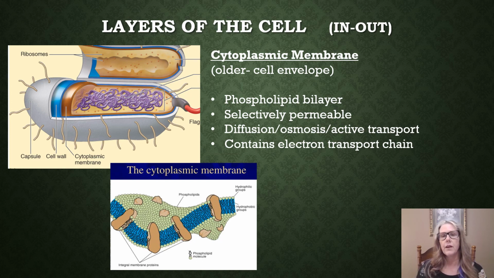So bacteria actually have an electron transport chain that occurs in their cytoplasmic membrane. If you remember, the electron transport chain in our cells occurs in the mitochondria. But in bacteria, it occurs in their cytoplasmic membrane.